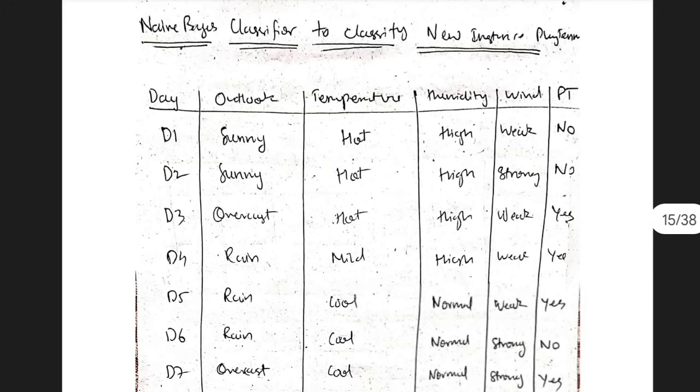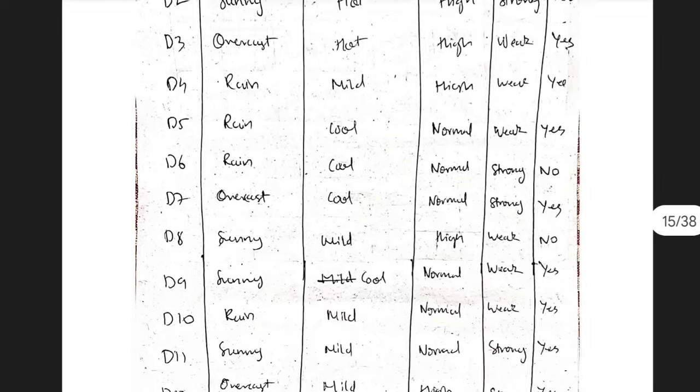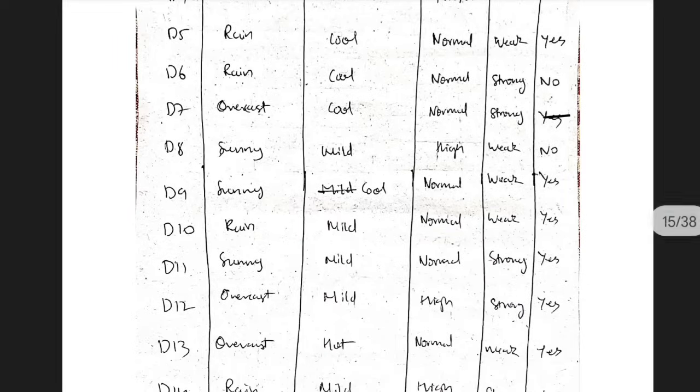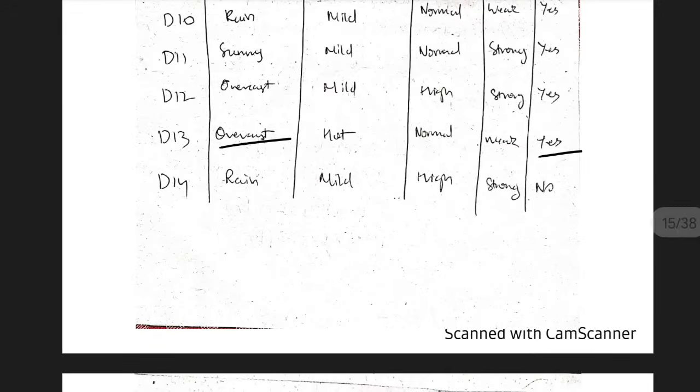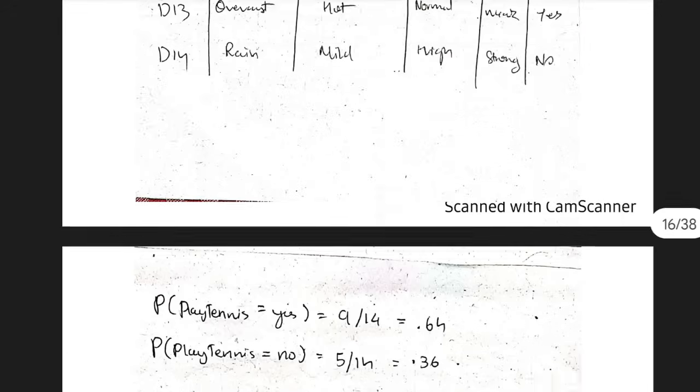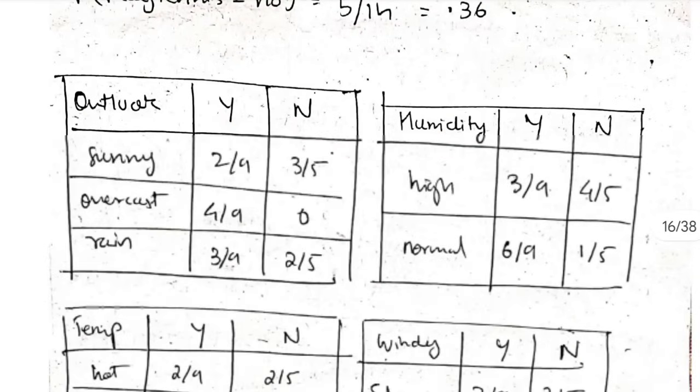Let's see. There's yes here. Overcast, yes, rain, yes, overcast, yes, sunny. 1 I got, rain, 2 I got. Out of the 9 yes, I have 2 sunny.